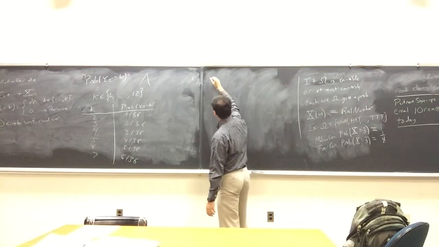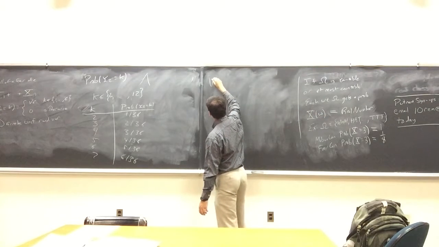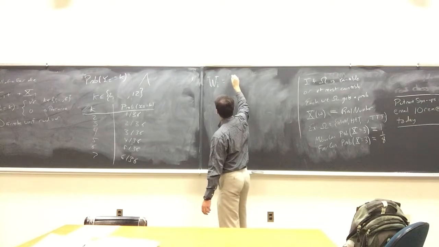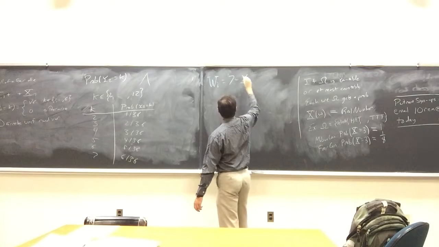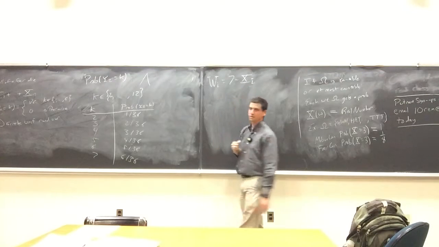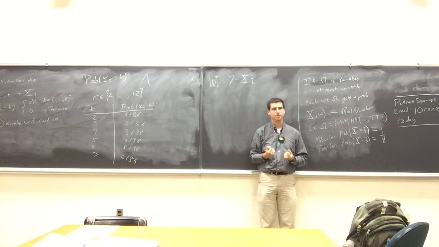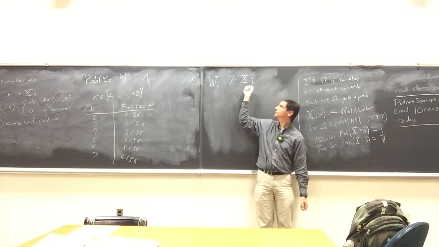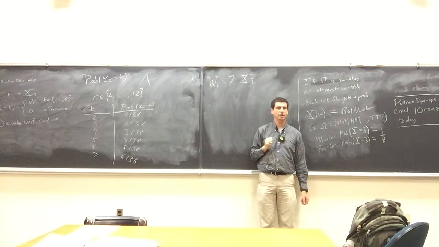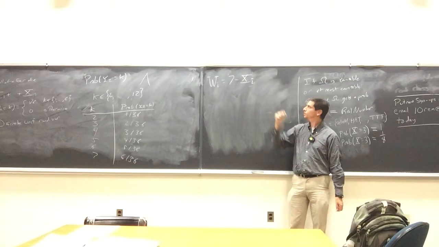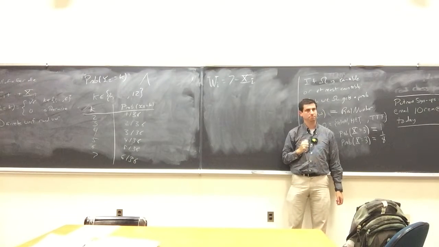Let's let Wi be 7 minus Xi. You should think of Wi as the complementary roll to your ith roll. So if you roll a 2, then Wi would be 5. If you rolled a 6, Wi would be 1.